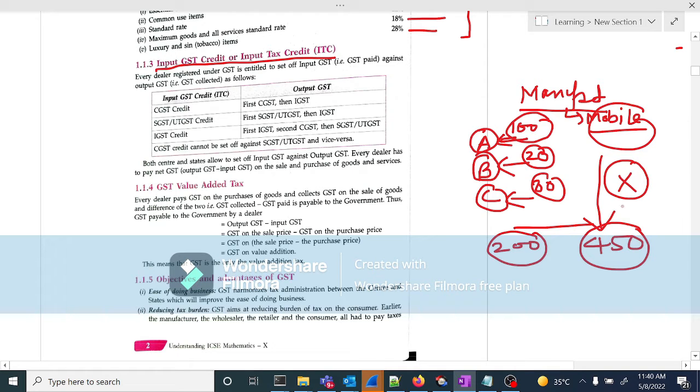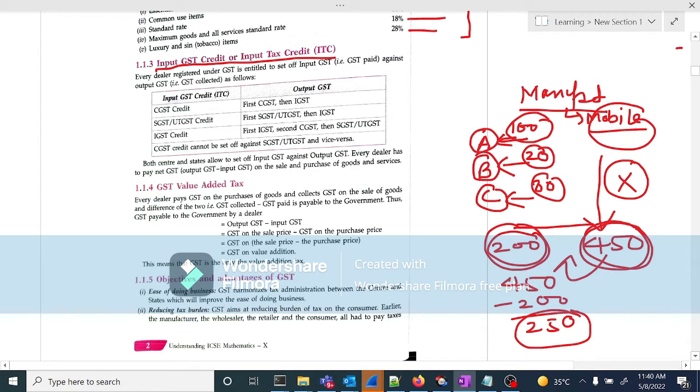When he sells the mobile, he is getting 450 as GST. This he has to pay to the government also, right? But he has already paid 200 as GST. So the rest, 250, only he has to pay to the government. So this is called input GST credit, because he is getting 200 rupees as credit which he already paid to the government.